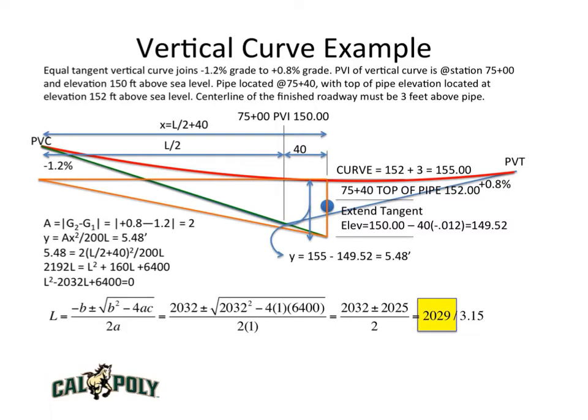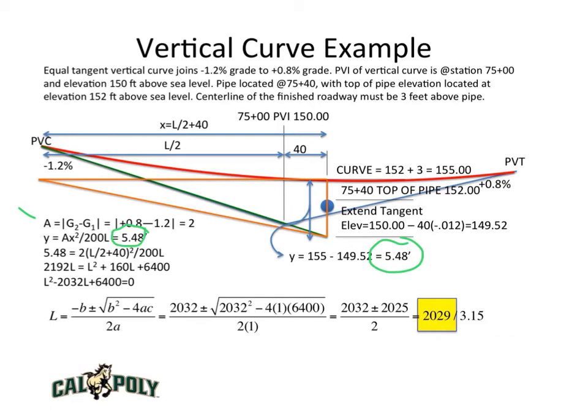So in order to do that, we first calculate A, which is just the absolute value of G2 minus G1. In this case, it's plus 0.8 minus negative 1.2, and that turned out to be 2. So we know that the offset at any location x, so the offset we call y, we have that value because we found that that value is 5.48 feet.